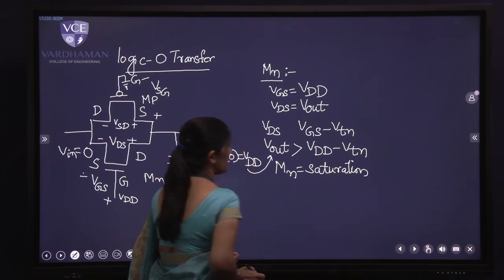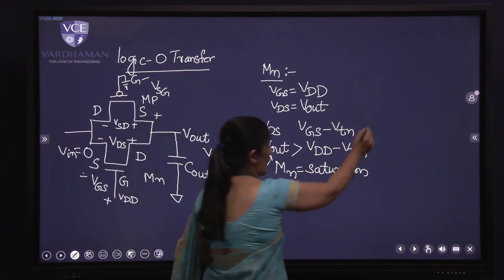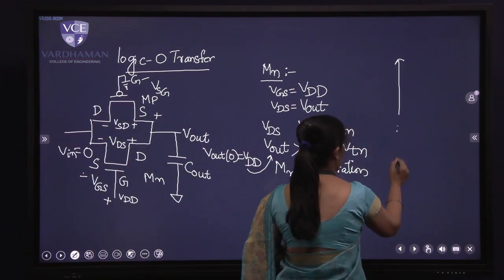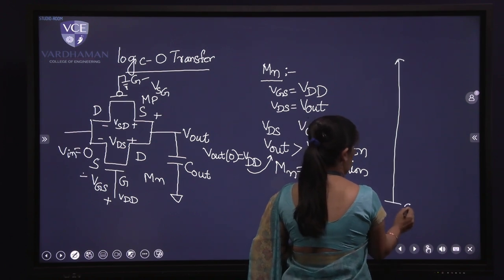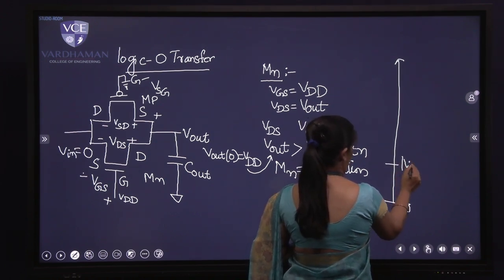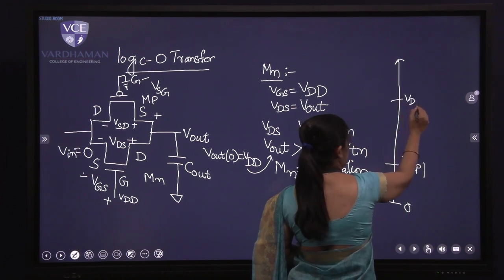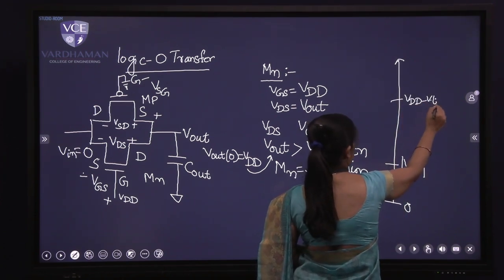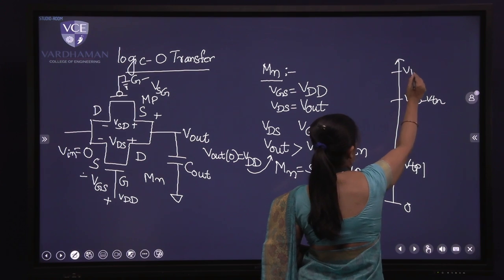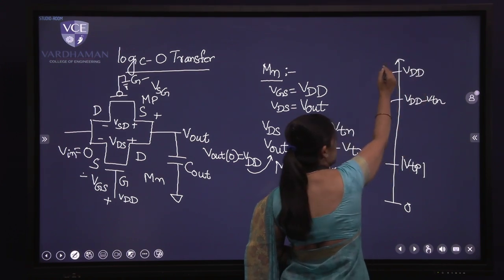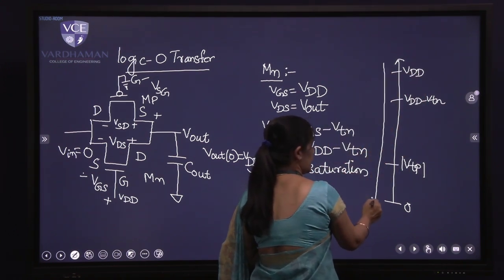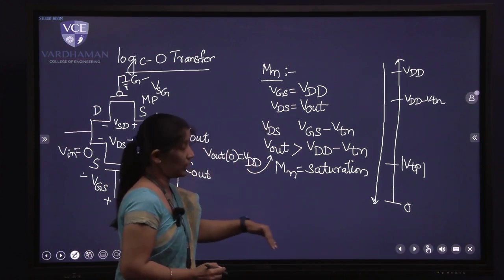Quite similar to what we did for logic 1 transfer, I also have here the same voltage levels. I have a 0, I have mod VTP, I have VDD minus VTN, and I have VDD. Output is falling from VDD to 0. That is what is the direction.